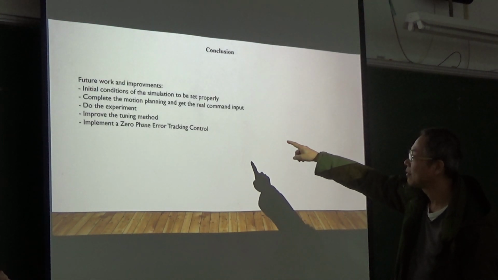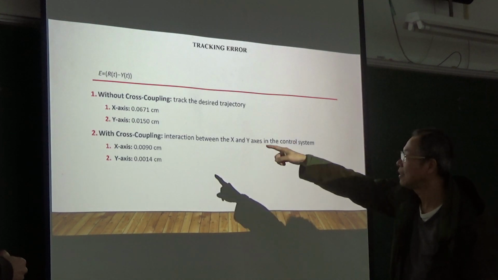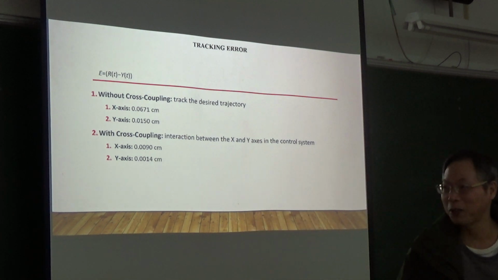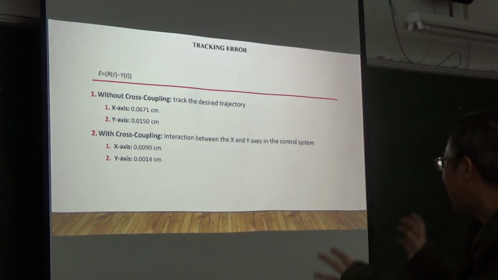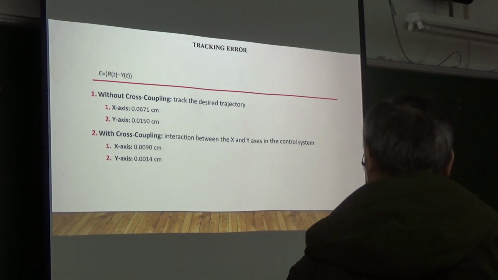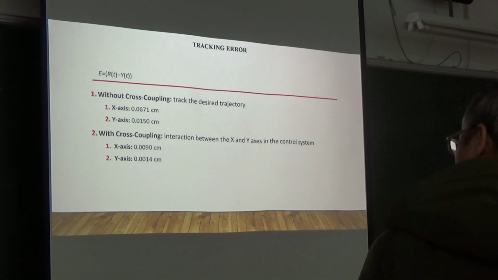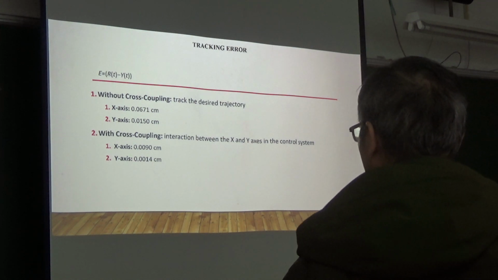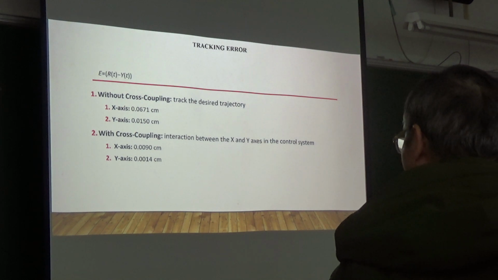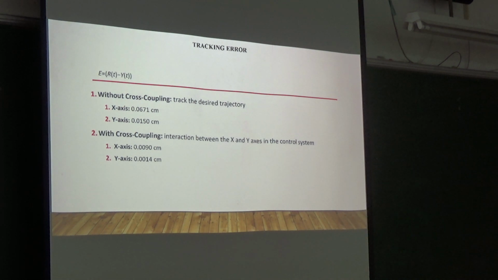And finally, your conclusion. I have that page. Previous. Yes, this one. Your conclusion says that cross-harmonic control can improve the tracking error. You mention nothing about control error. Normally, CCC does not guarantee that you can reduce tracking error.